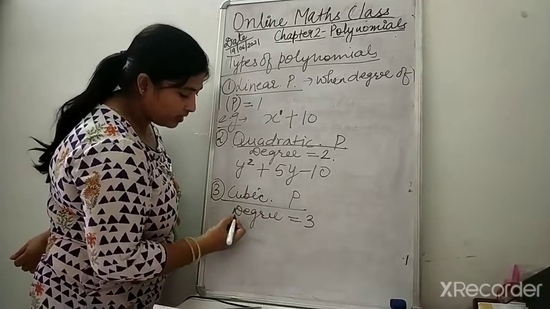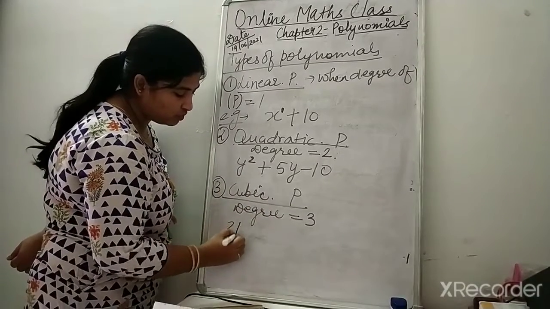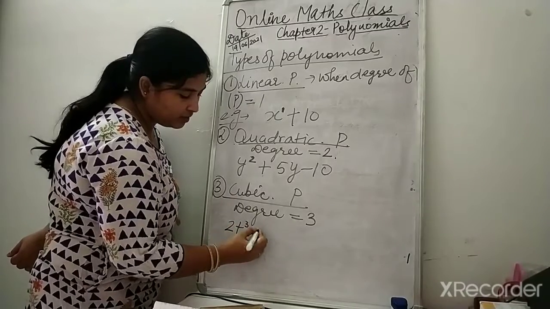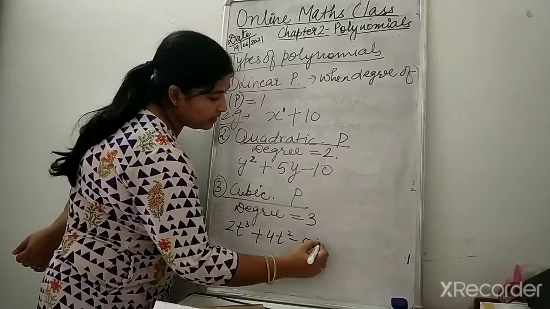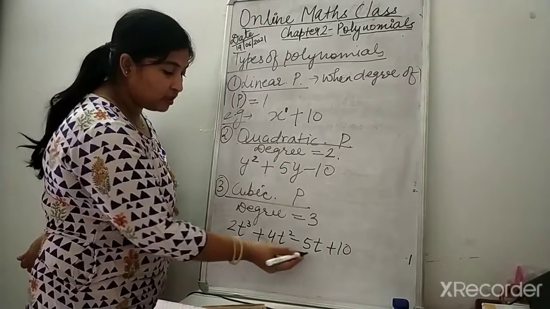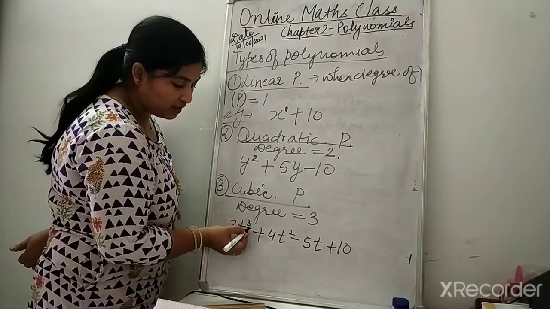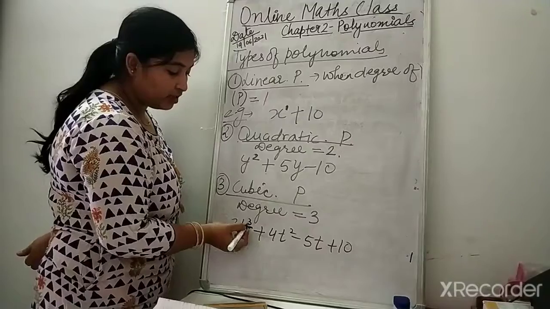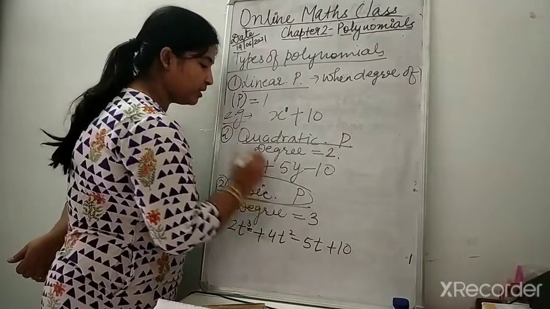Now cubic polynomial, if the degree is 3, for example 2t to the power 3 plus 4t square minus 5t plus 10. Tell me, t is the variable. What is the highest power on t? t has highest power 3. So the degree of this polynomial is 3, so it will be a cubic polynomial.